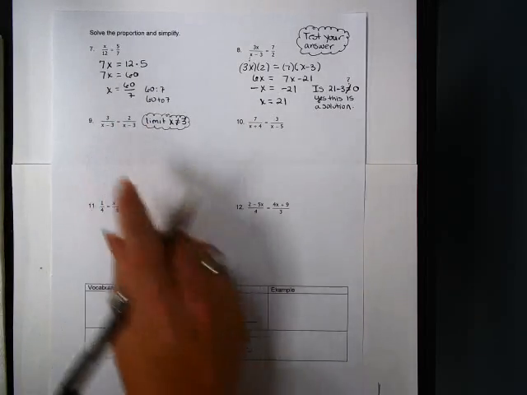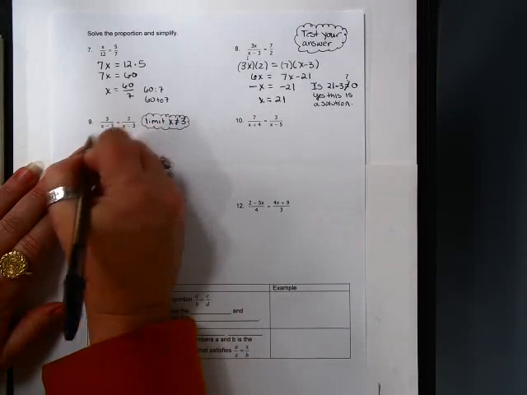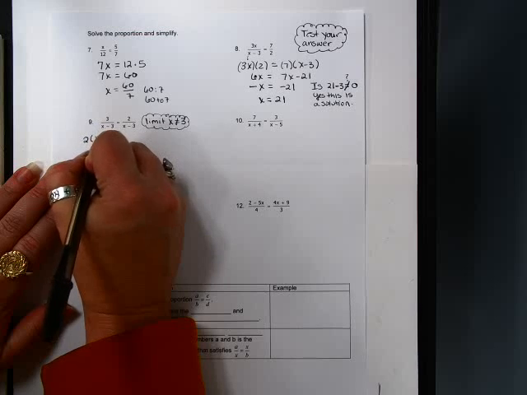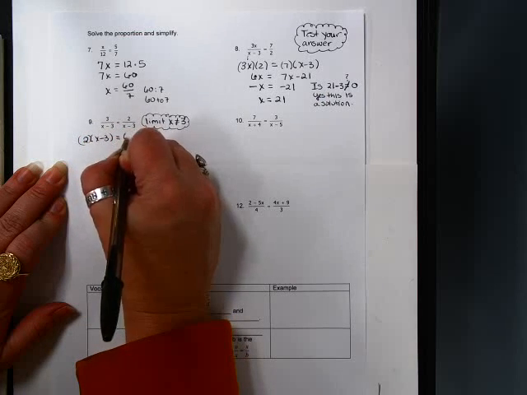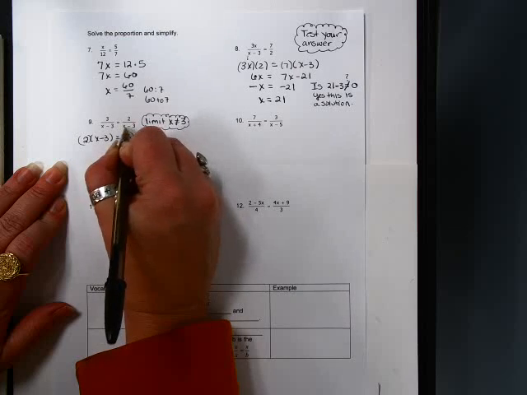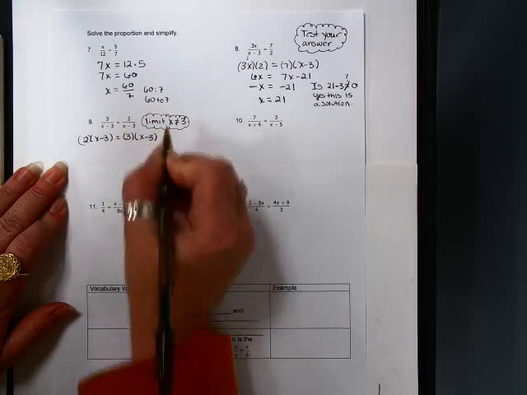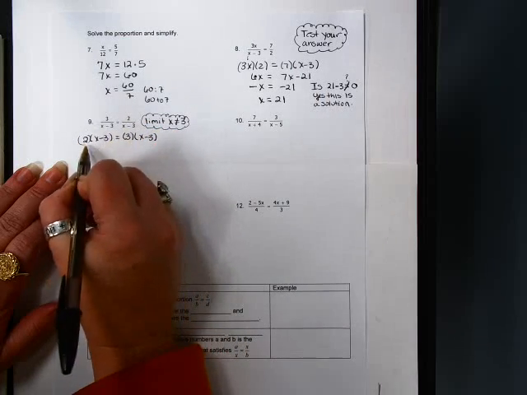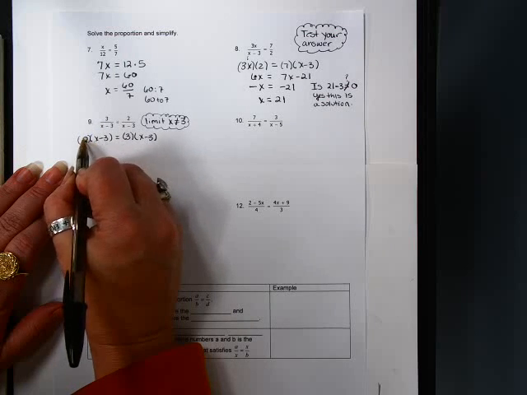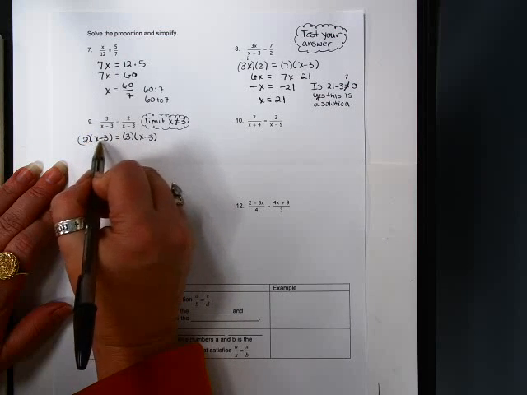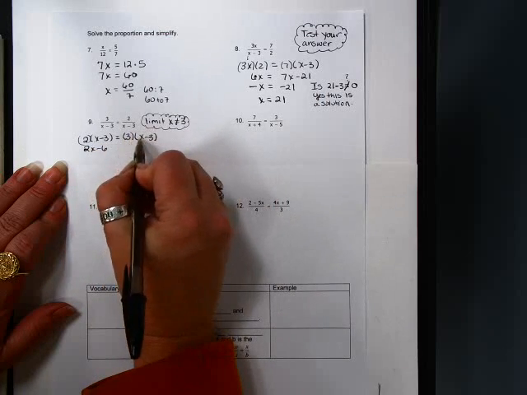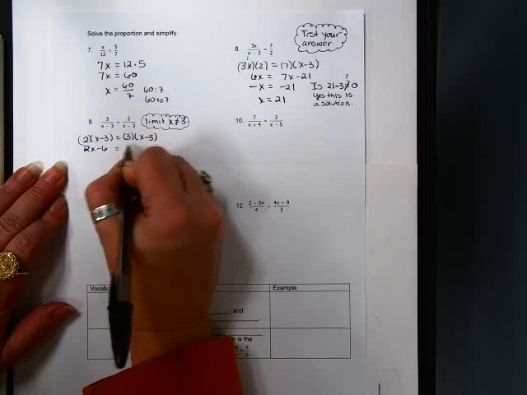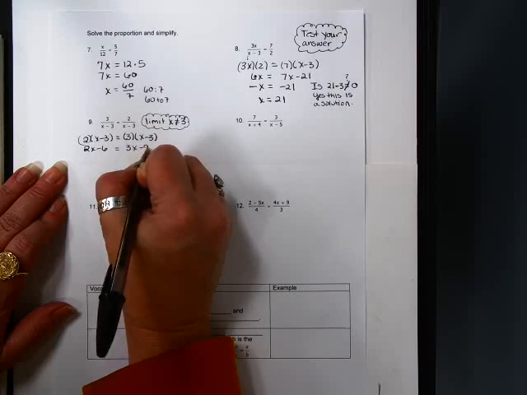So cross multiply, I get 2 times x minus 3, and I have a 3 times this x minus 3. Distribute. Now this is very important. You have to make sure that 2 is multiplied by everything inside the parentheses. 2x minus 6. Here, the 3 has to be distributed, so that's going to be 3x minus 9.